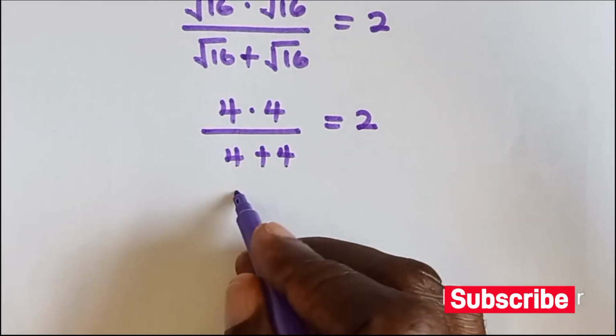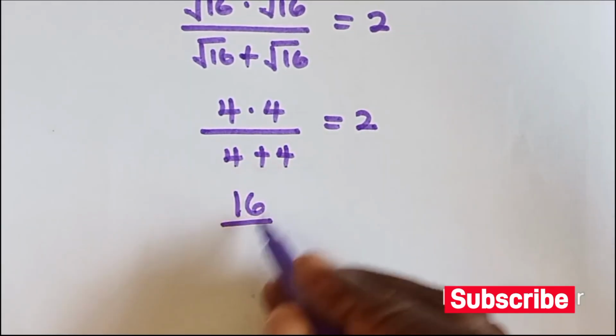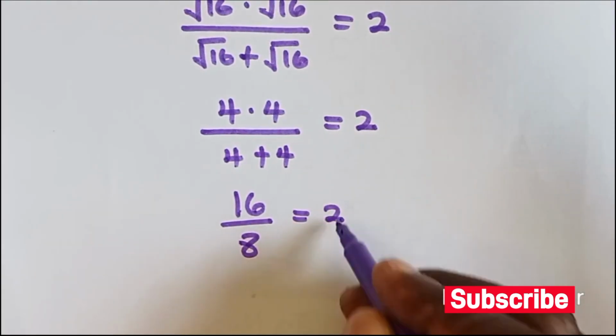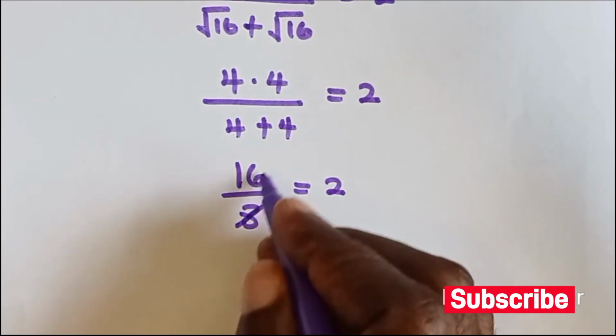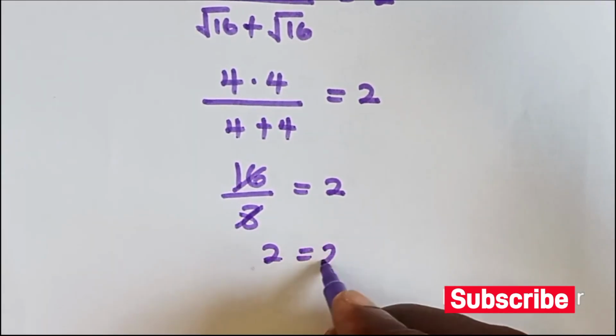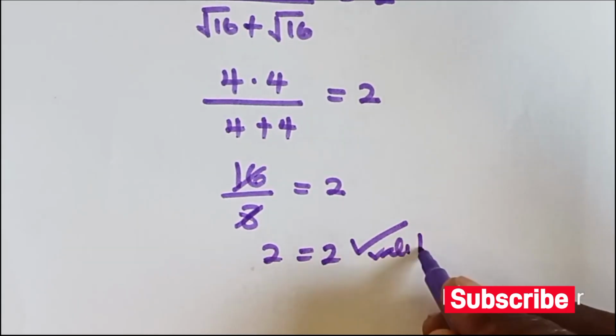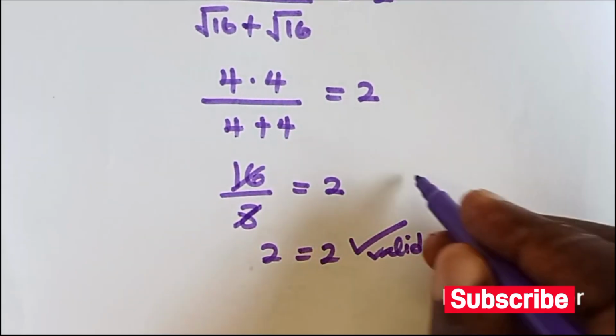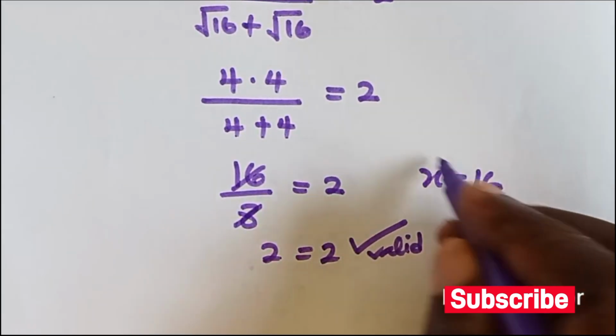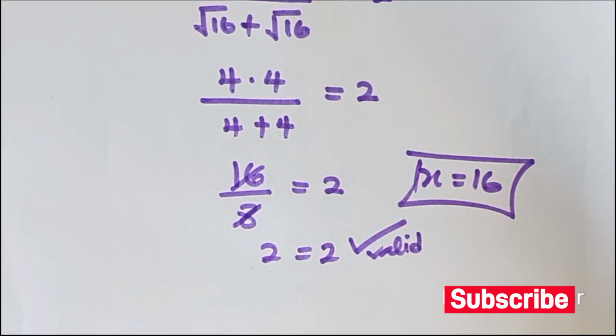Then 4 times 4 is 16, over 4 plus 4 is 8, equals 2. By the time we divide 16 by 8, that is 2, so 2 equals 2. That means our answer x equals 16 is a valid answer.